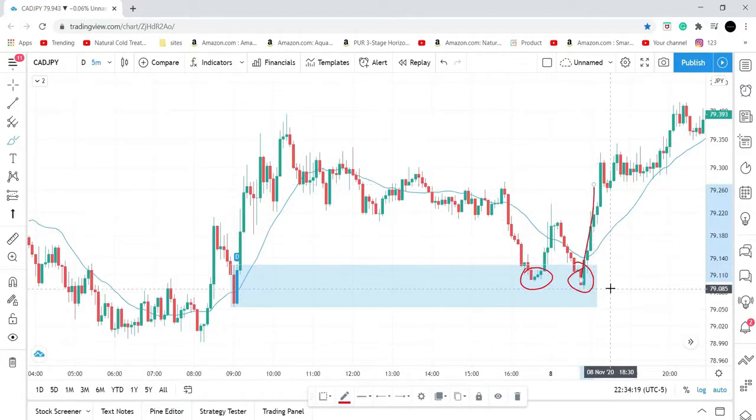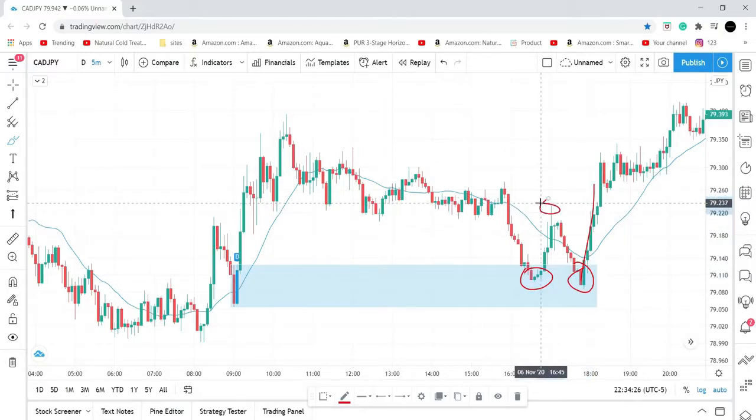Now, when I'm day trading, my first target is always the swing high. Okay, so I want price to at least minimum go to the swing high, and for the most part I usually just get out.